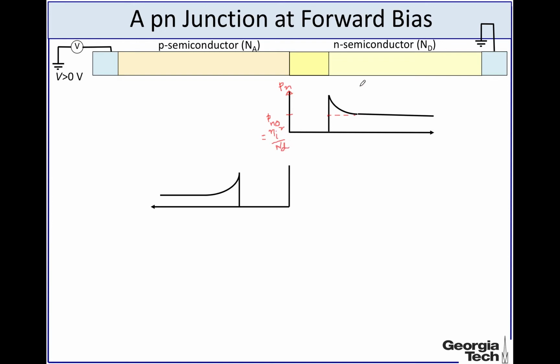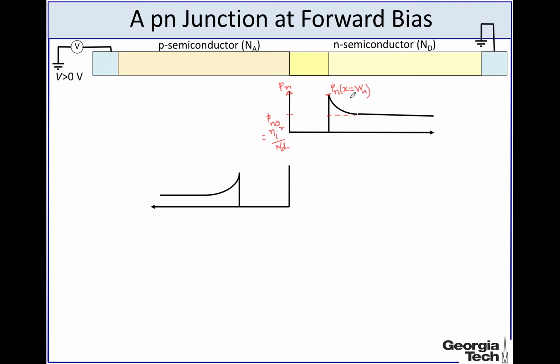Now the p-type semiconductor injects holes into the n-type semiconductor, and as a result the concentration of holes at the edge of the depletion region is larger than the equilibrium hole density, and this is what we call Pn at x equals Wn.